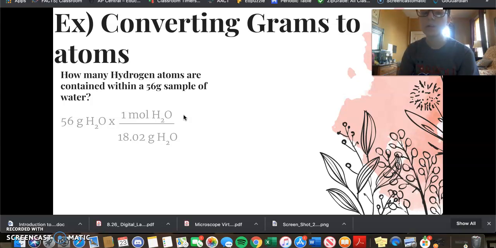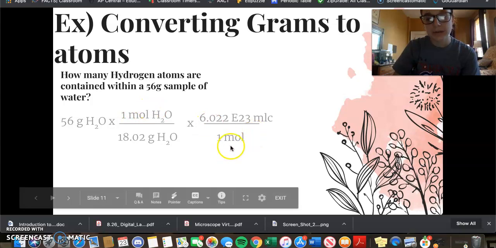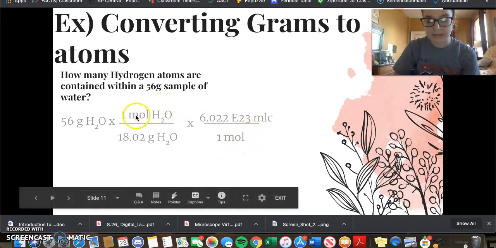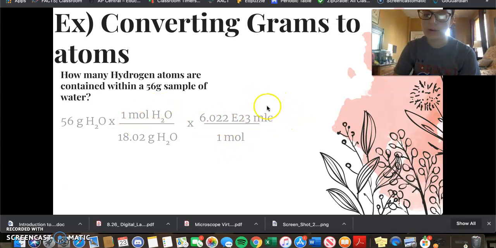In 1 mole of H2O, there are 6.022 times 10 to the 23rd molecules of H2O. So it's just like a dozen. In 1 dozen, you have 12 whatever. In 1 mole, you have 6.02 times 10 to 23 whatever. So we put mole in the denominator in order to cancel out so that we end up with molecules.